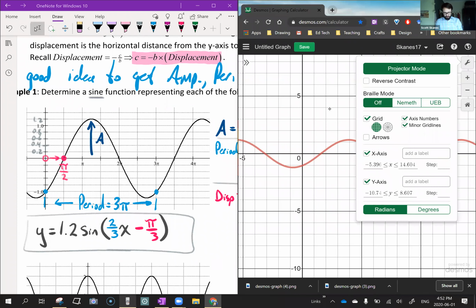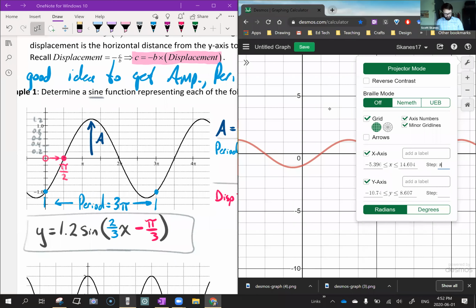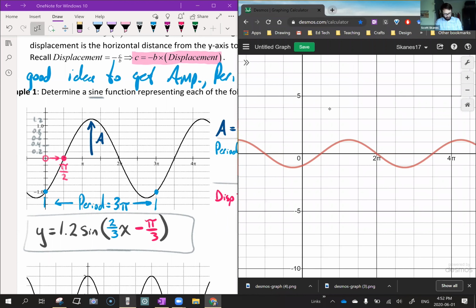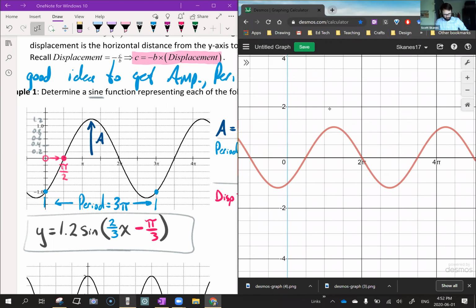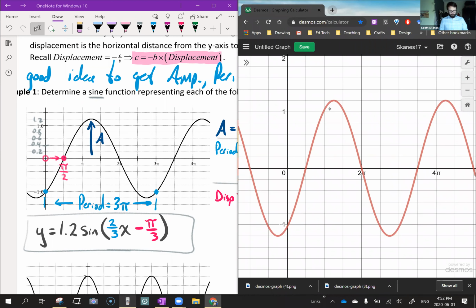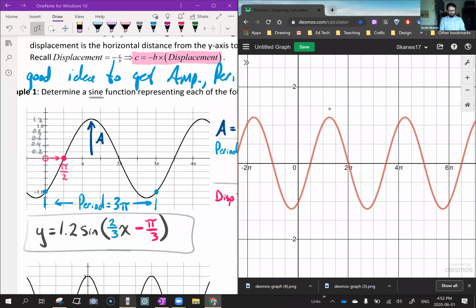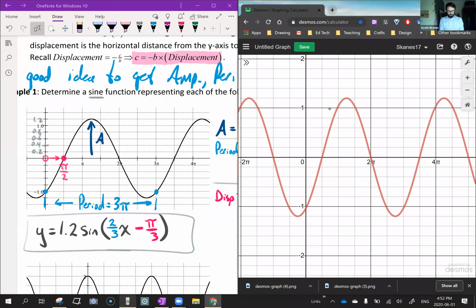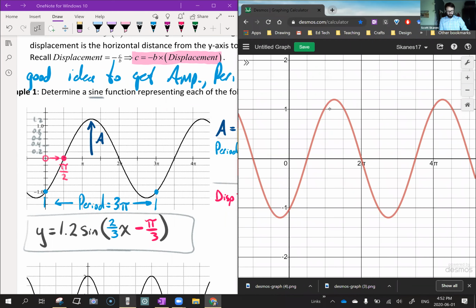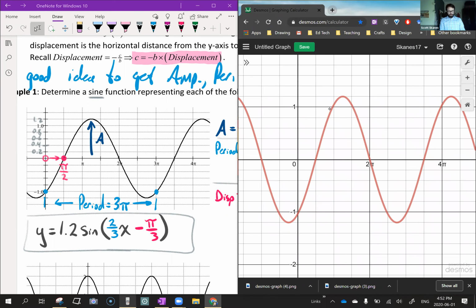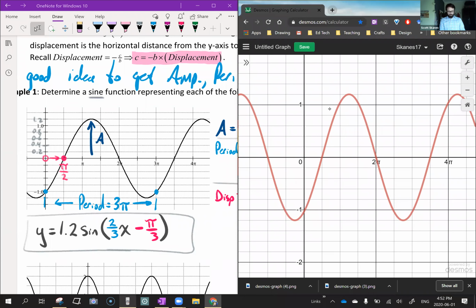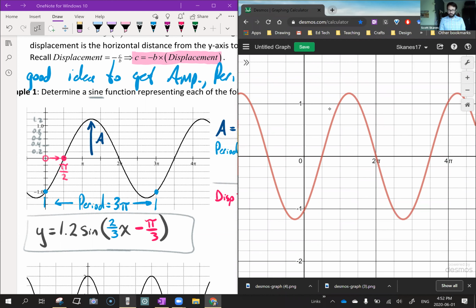Let's get the scaling right. That looks about right to me. Doesn't it? Doesn't that look the same? I can go up by pi.